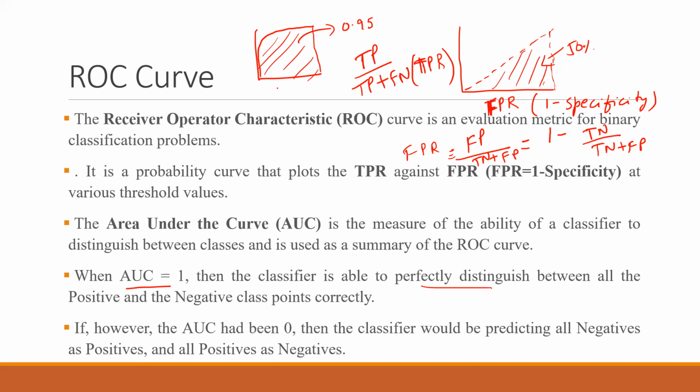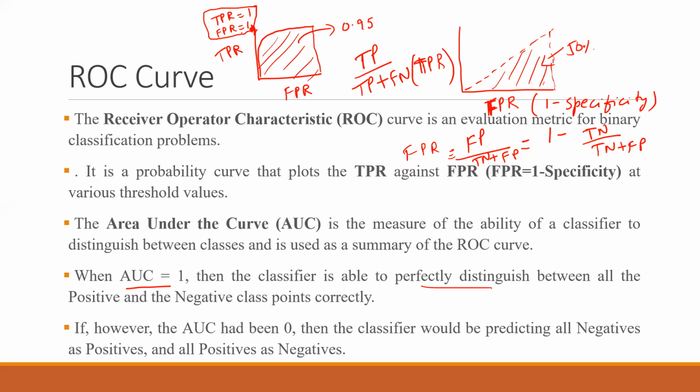So in this case, if we are saying that this is TPR, this is FPR. Now, if you see at this point, your TPR is equal to 1 and your FPR is equal to 1. What does this mean when both are 1?